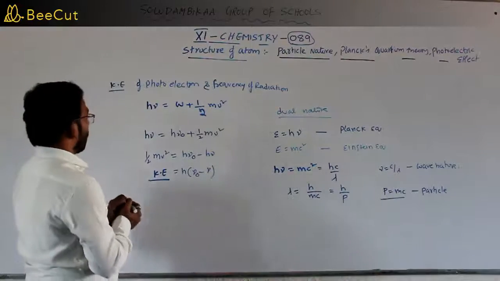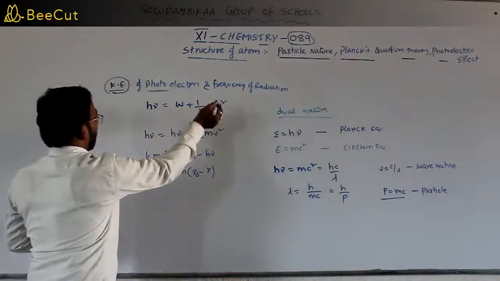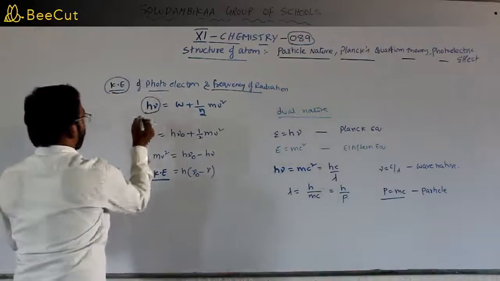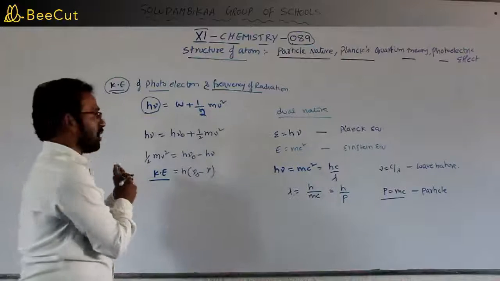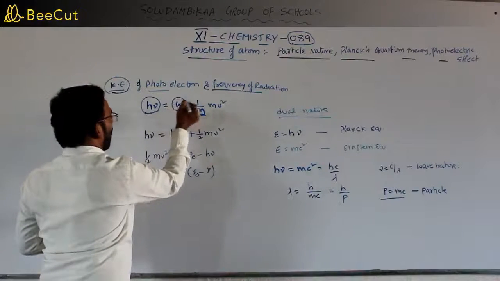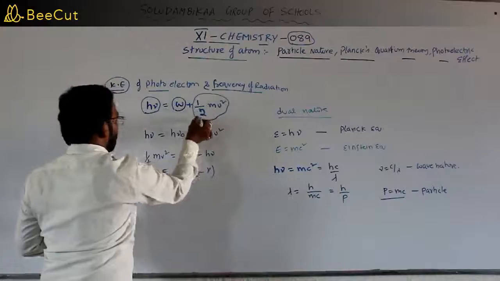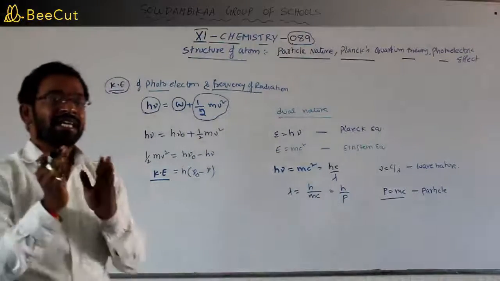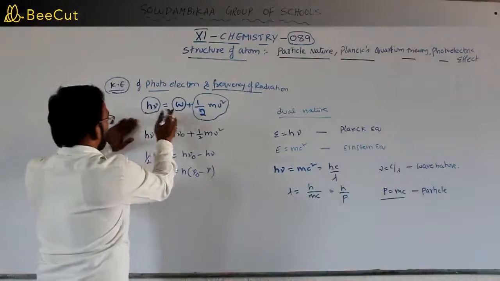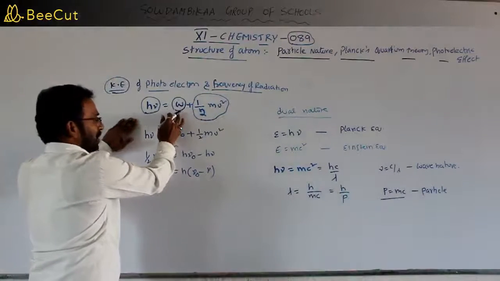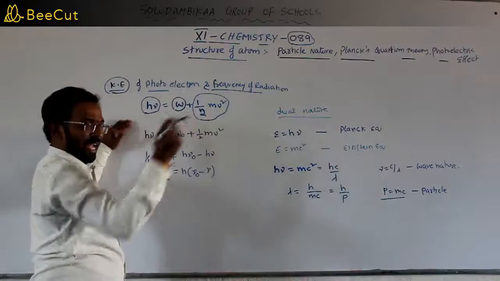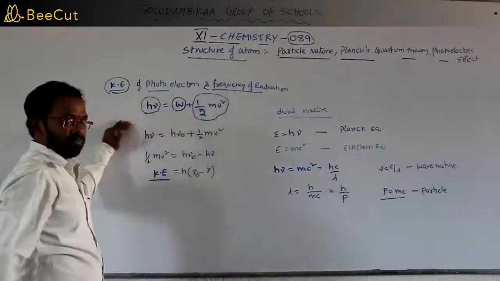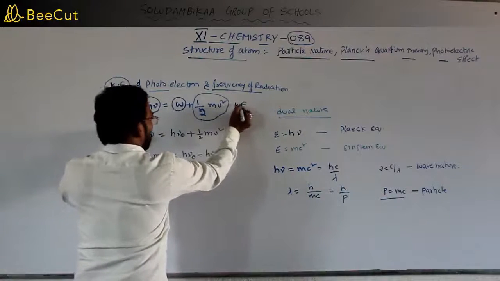The relation of kinetic energy of the photoelectron and frequency of radiation is correlated with the help of the total energy of the photon. The energy of the photon is equal to the work function plus the kinetic energy of the emitted electron. So h nu is equal to work function, that means the amount of energy required to eject electrons, plus the kinetic energy of the electron we can get.